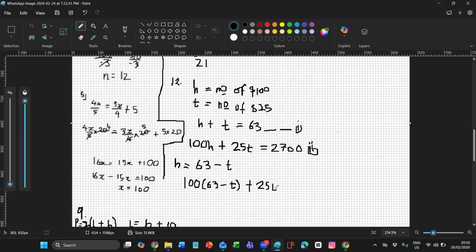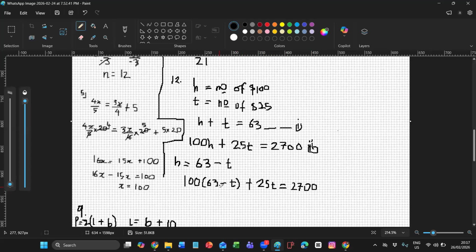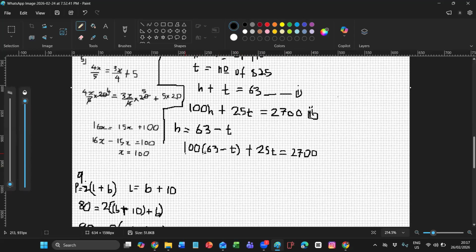Can you see something about the equation now? Everything is now in terms of T, as in the unknown. Can you see how it has come out so far? Yes, sir.